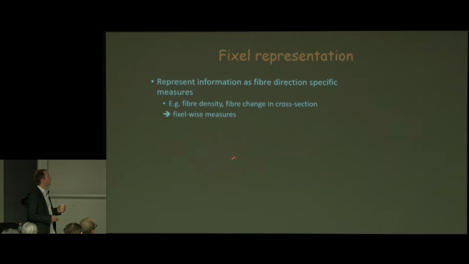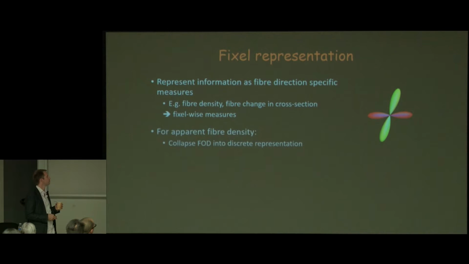Anyway, just a quick note about what we do to represent the apparent fiber density as a fixel. For fiber change in cross-section, we can represent that as a fixel by just looking at the change in cross-section along that direction. Fiber density is a bit different because we have this fiber orientation distribution, and we want to turn that into a fixel-wise measure.